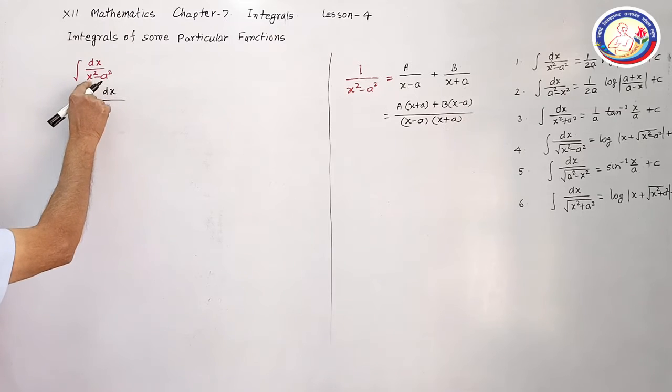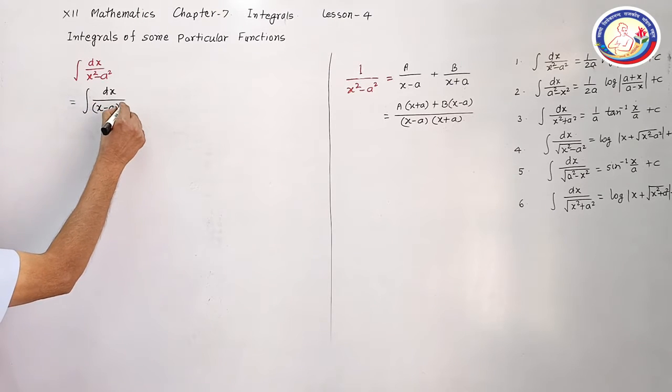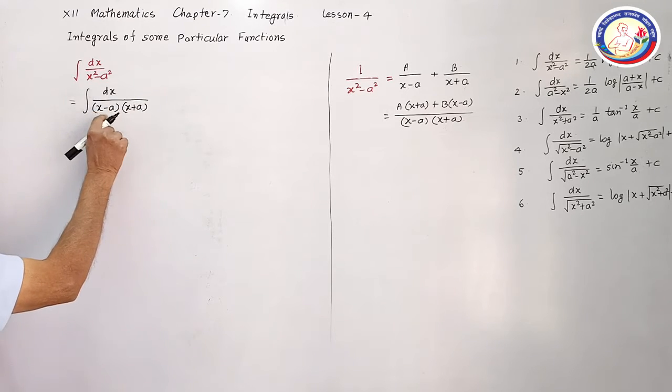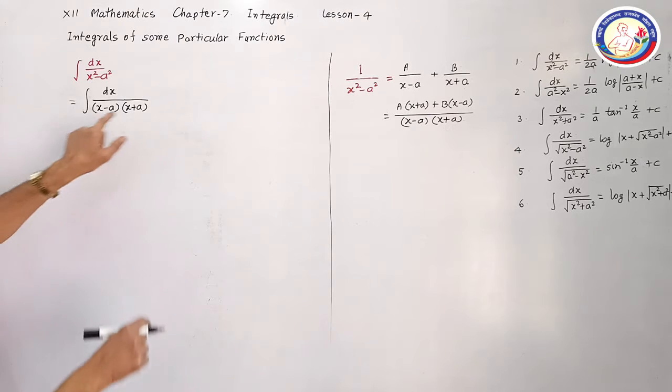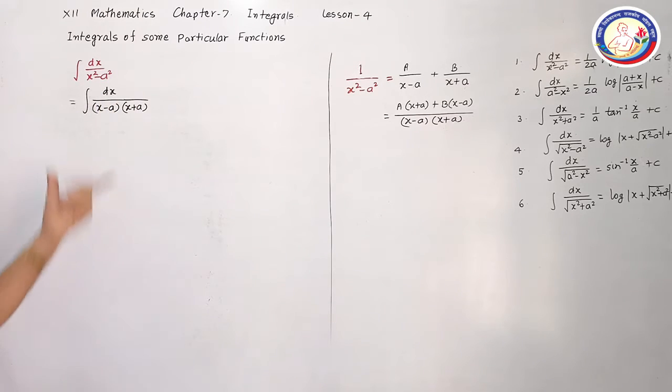So the square of the first minus the square of the second is equal to the difference of the two numbers multiplied by the sum of these two numbers. This is all about the factors of x square minus a square.